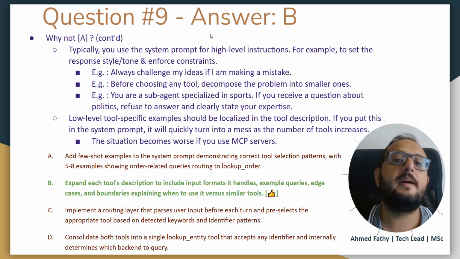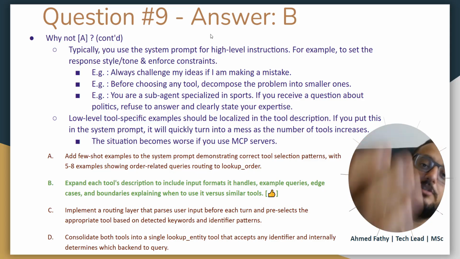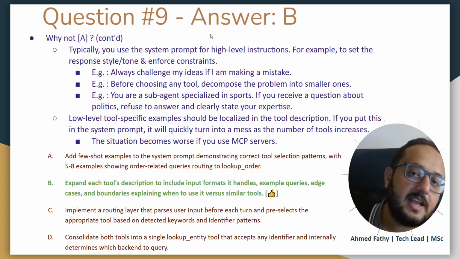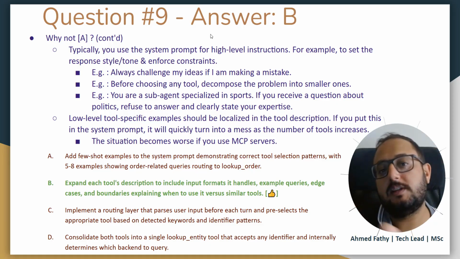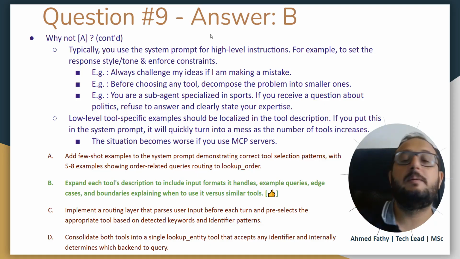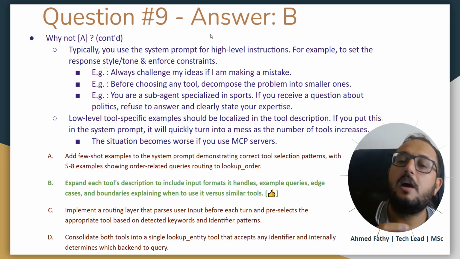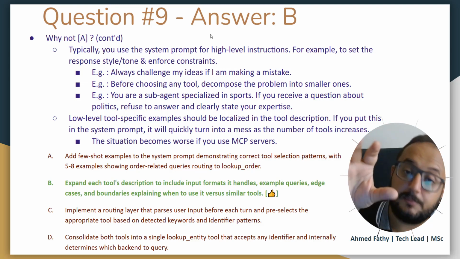The situation becomes even worse if you use external MCP servers, because then you have dynamic discovery and you may not control the number of tools that you receive. Maybe there are a lot of tools, a lot of MCP servers. You don't want to write every single tool description in the system prompt.